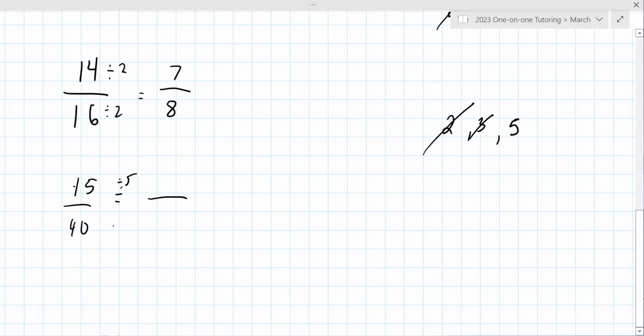So it's gonna be 3/20. Try again on that second one. Wait, 40 divided by 5, or 5 times what number gets you to 8? It's 8. Good.